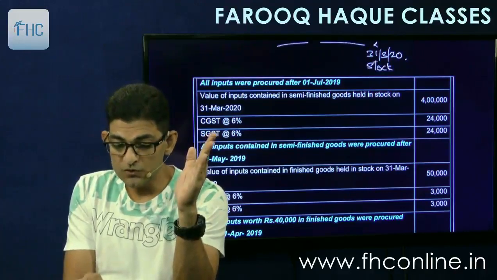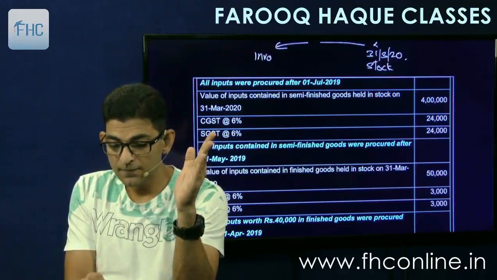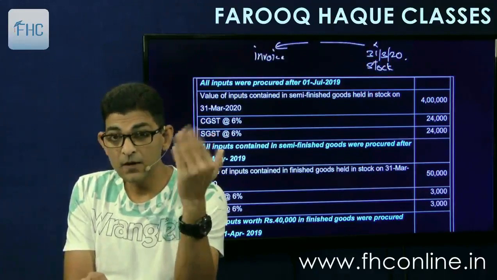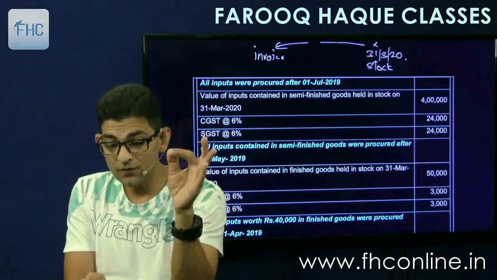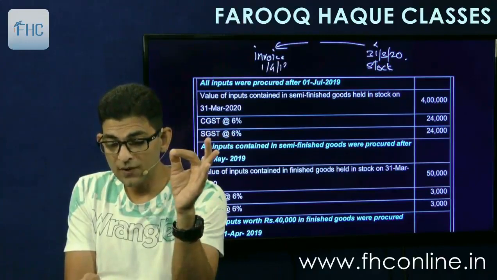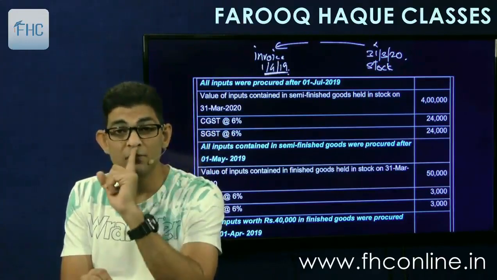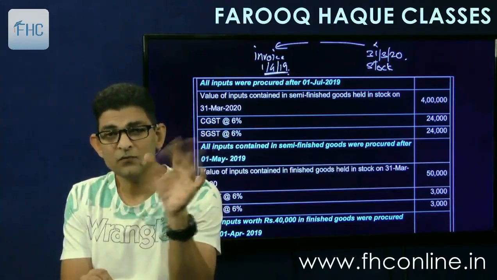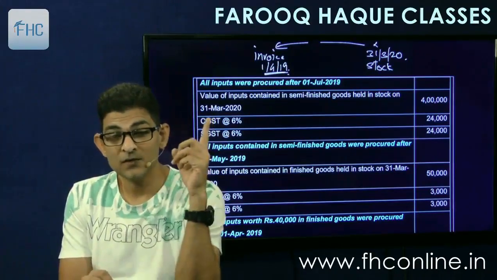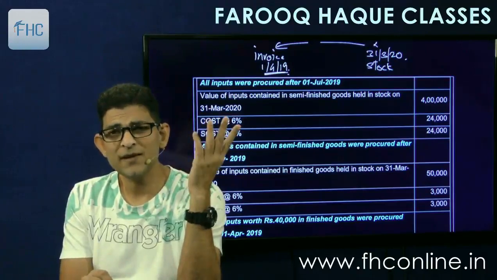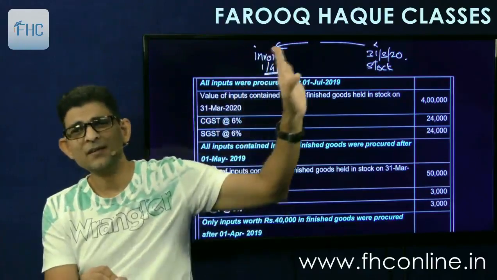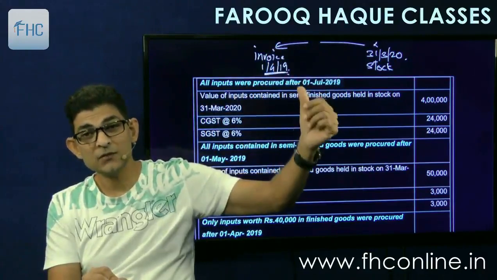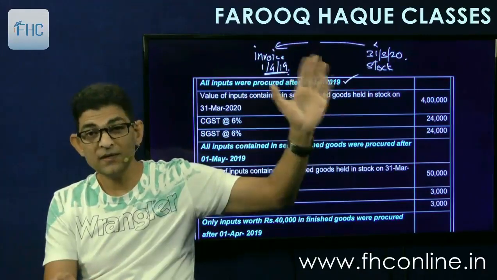So the invoice should be dated on or after 1/4/19. We need an invoice issued anytime with effect from 1/4/19. Now this says the invoice is issued after 1st July 19, so that's good. July 19 will fall within the last 1 year, so we can take credit.